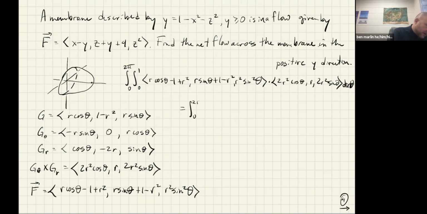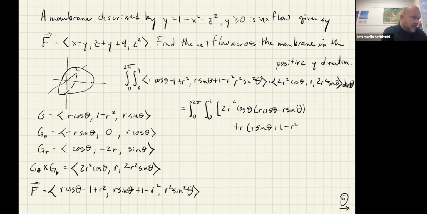Integral 0 to 2 pi, integral 0 to 1, and I have notes out to the side for the setup. 2r squared cosine theta, or cosine theta minus r sine theta, plus r times r sine theta plus 1 minus r squared plus 4.